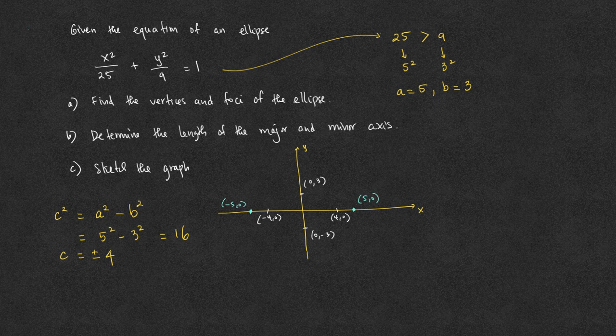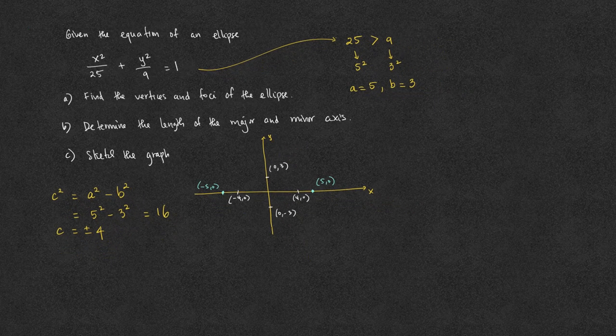The vertices are on the major axis, and so the foci F1 is negative 4, 0 and F2 is 4, 0. The vertices are negative 5, 0 and positive 5, 0.